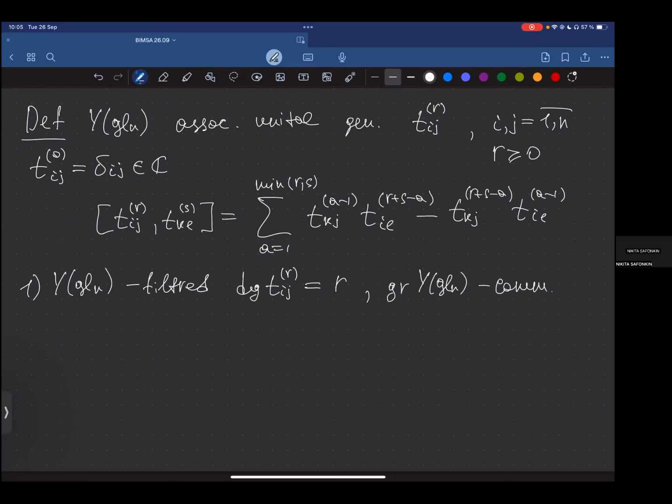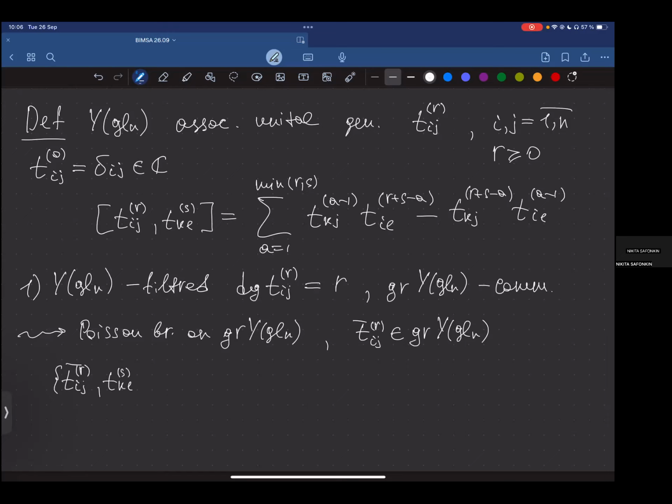Then on this associated graded algebra carries a natural Poisson bracket. And if we denote by T bar_ij^(r) the element of this associated graded algebra, then the Poisson bracket is given by this.